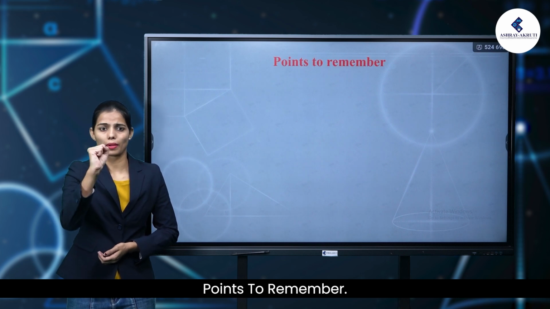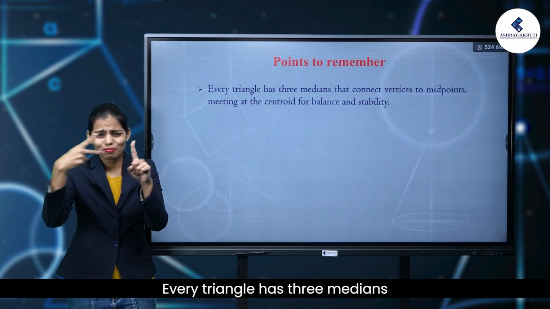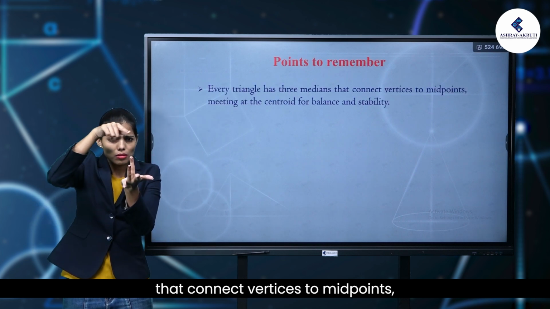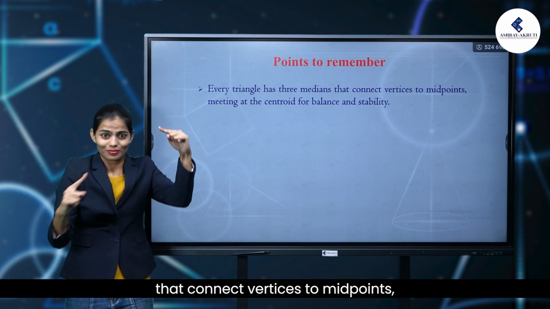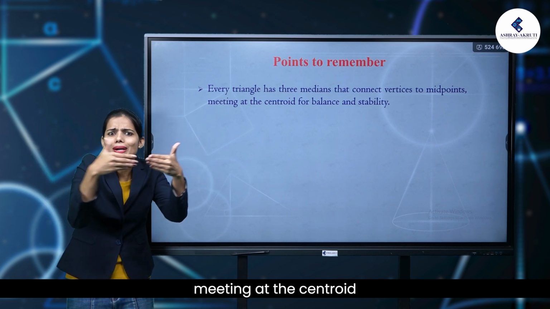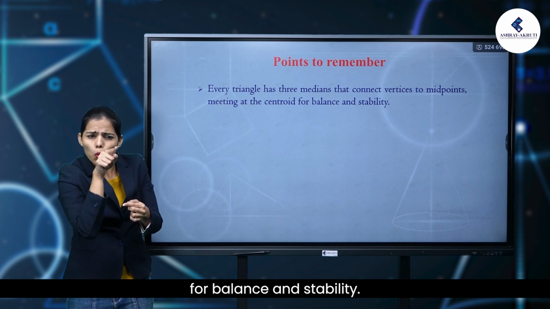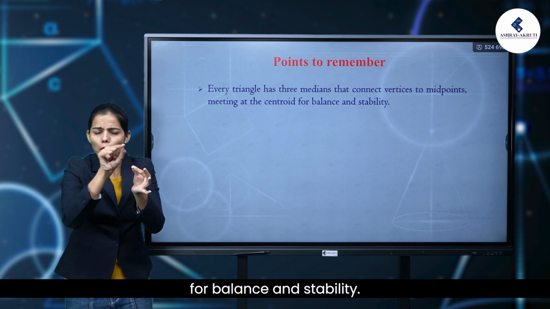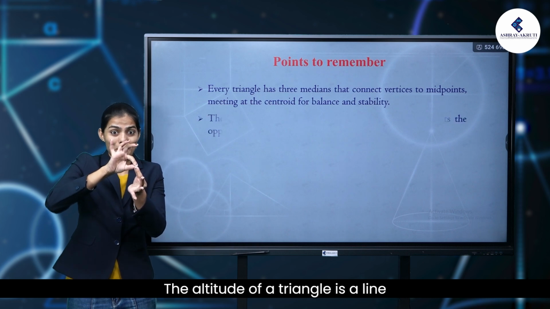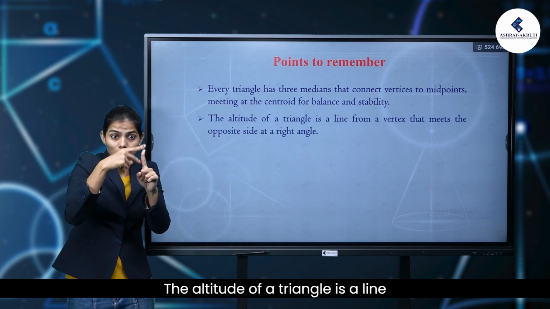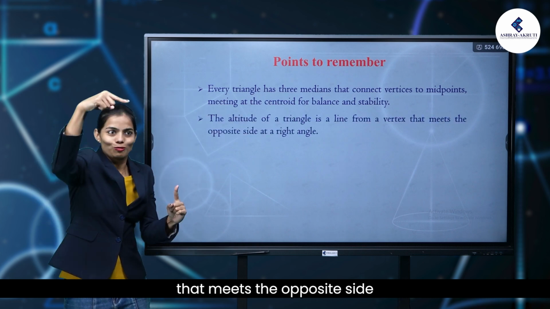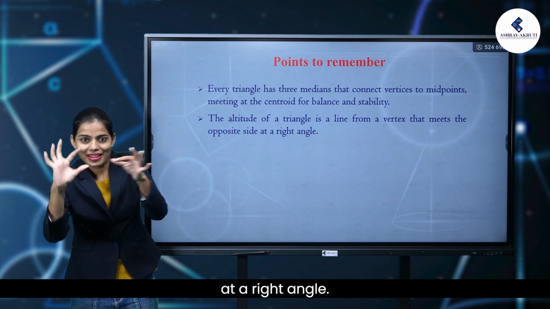Points to remember: every triangle has three medians that connect vertices to midpoints, meeting at the centroid for balance and stability. The altitude of a triangle is a line from a vertex that meets the opposite side at a right angle.